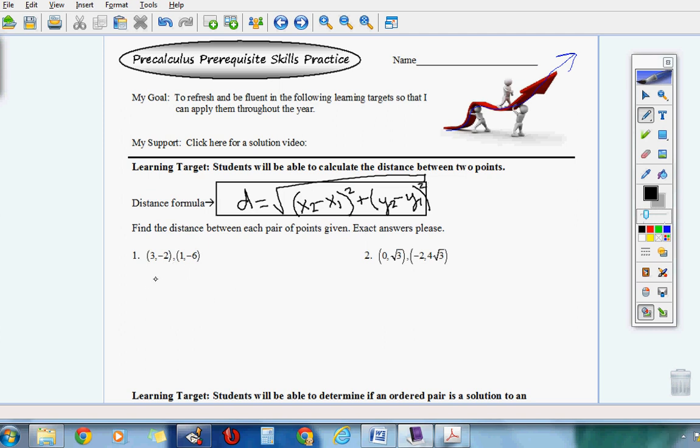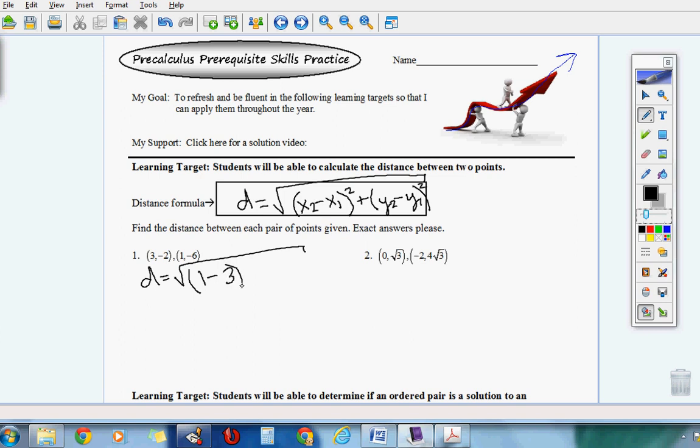Okay, so we're going to plug into the distance formula using x1, y1, x2, y2. Plugging in, I'm going to call the second pair x2, y2. So that would be 1 minus the x1. That's the first ordered pair, and the x value is 3. So x1 is 3.